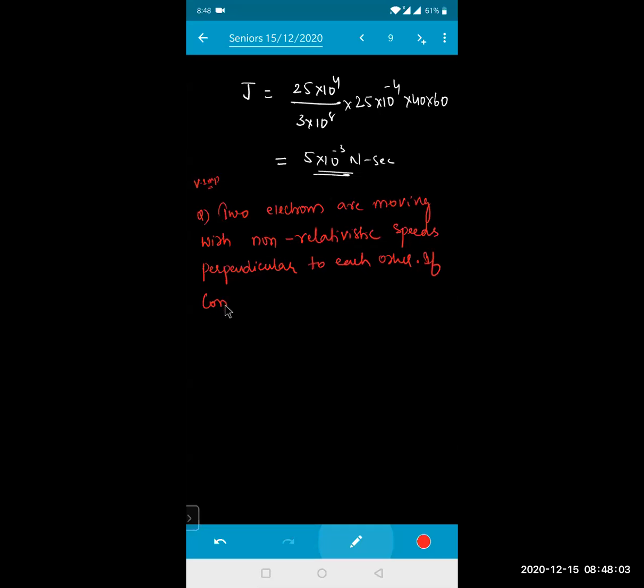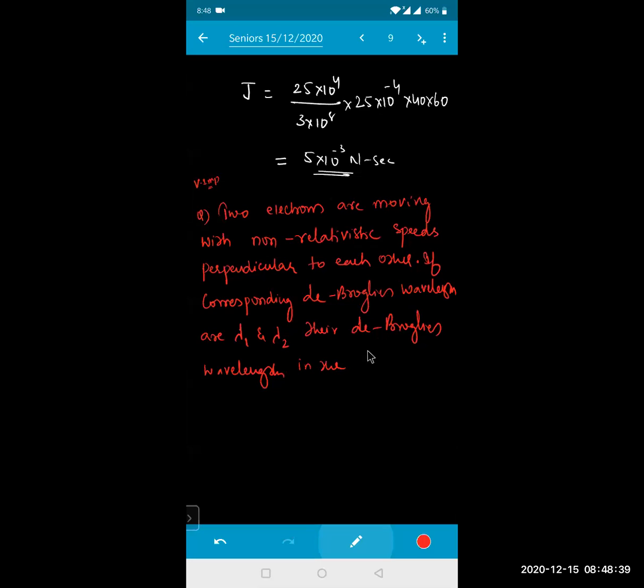If the corresponding de Broglie wavelengths are lambda 1 and lambda 2, their de Broglie wavelength in the frame of reference attached to their center of mass is: first option, lambda of center of mass is equal to lambda 1 is equal to lambda 2.